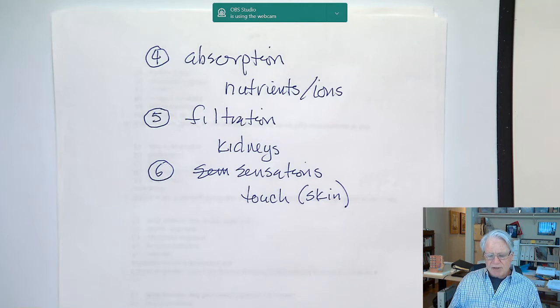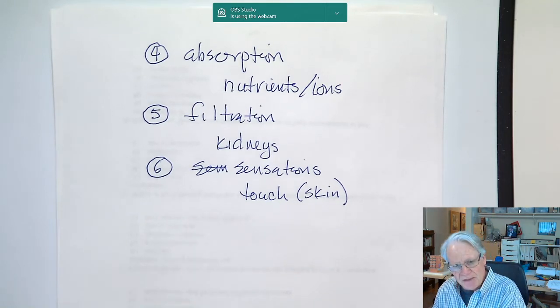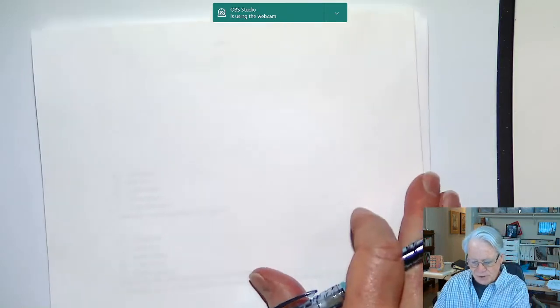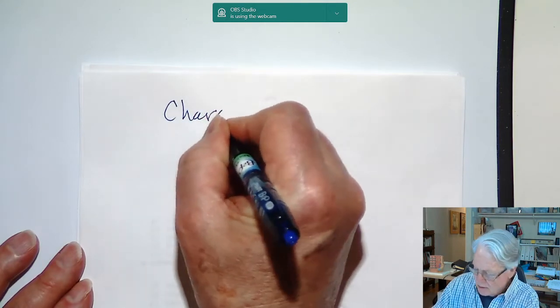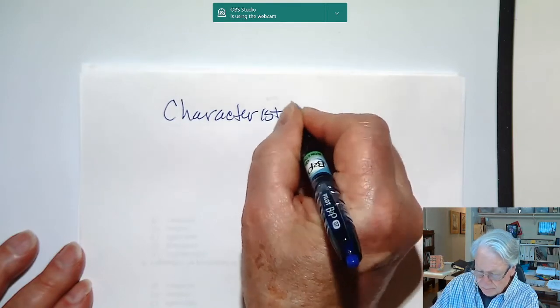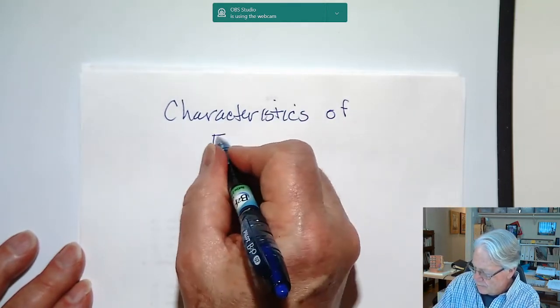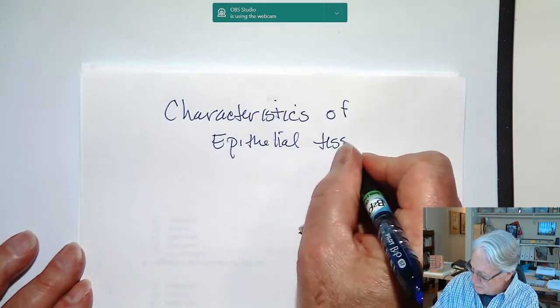Let's give some consideration to the characteristics. So when we look at epithelial tissue, what kinds of structures, what kinds of organization do we see? And that's going to be the characteristics of epithelial tissue. So let's turn our attention to that. So the characteristics of epithelial tissue.